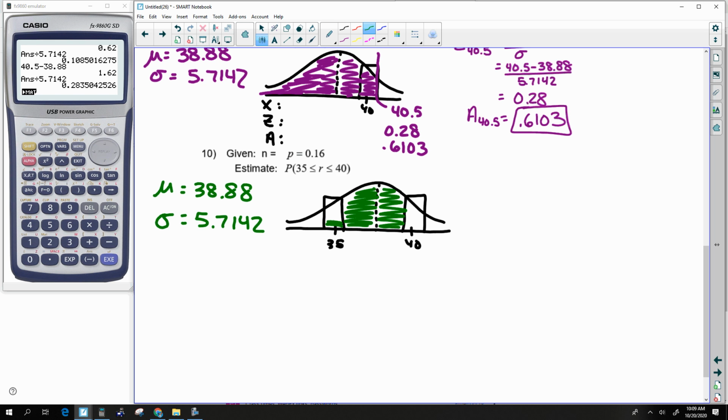It is greater than or equal to the 35, and it is also less than or equal to the 40. Let's see here. I know the information about the 40.5. So all I need to do is figure out the 34.5.